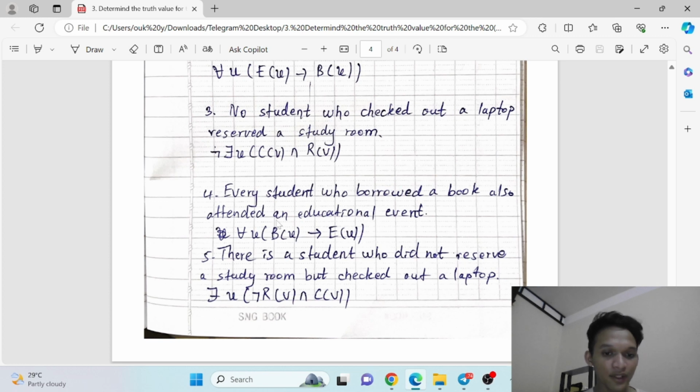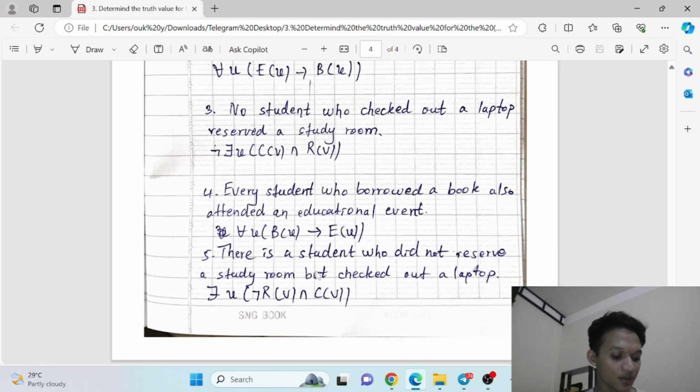For all students v, if B of v, then E of v, or for every student v, if student v borrows a book, then student v attended an educational event. 5. There is a student who did not reserve a study room but checked out a laptop. There exists a student v such that not O of v and C of v, or there exists a student v such that student v did not reserve a study room but checked out a laptop.